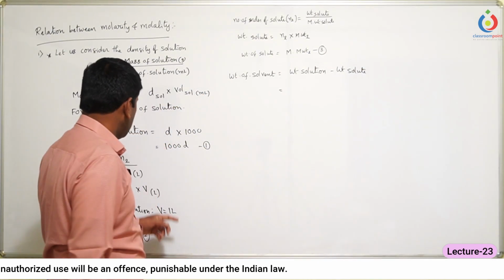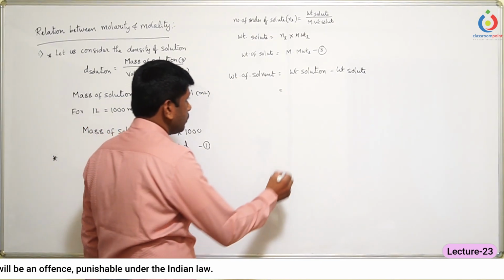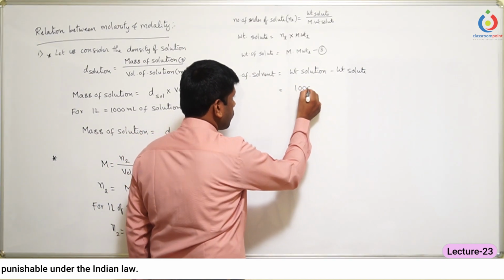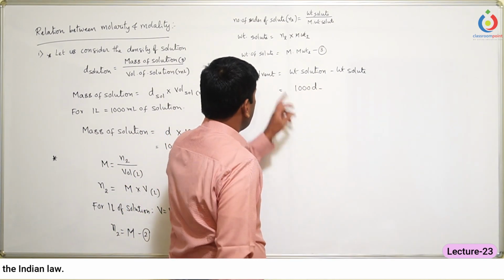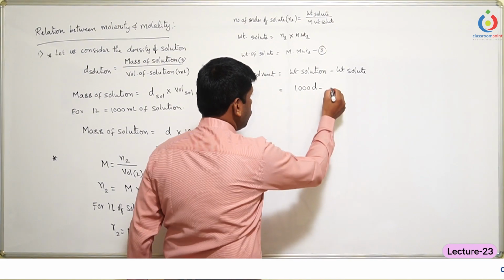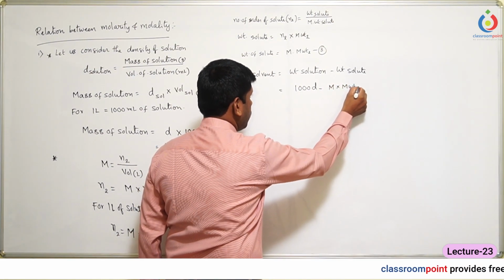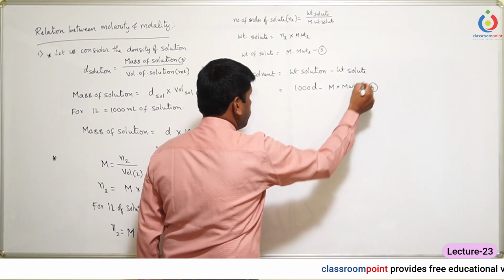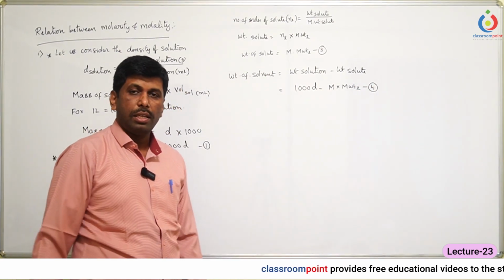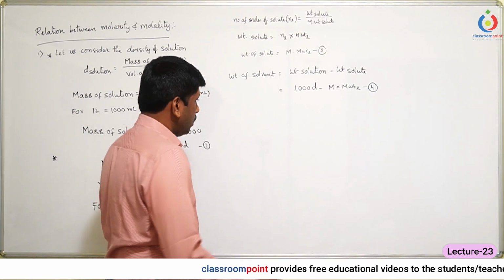So mass of the solution here it is 1000 D. Weight of the solute equals to molarity into molecular weight of the solute. Equation number 4.